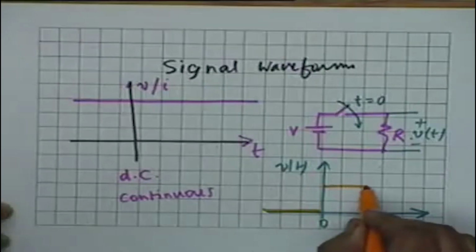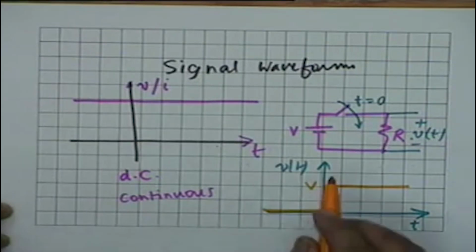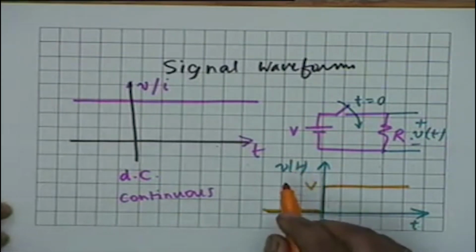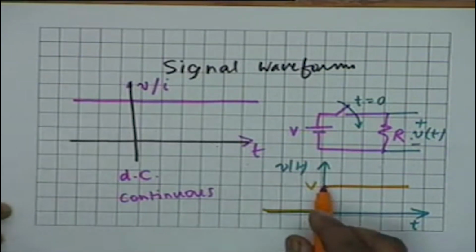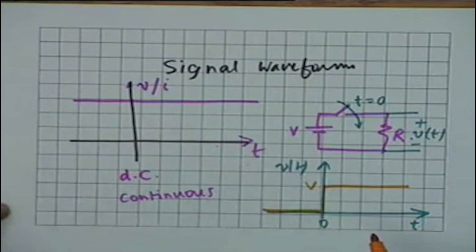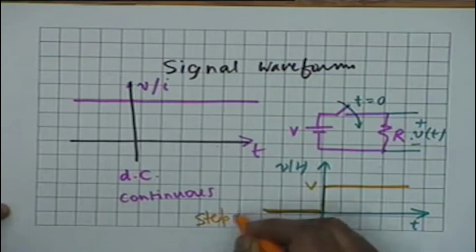So t greater than 0 it is equal to capital V. In other words, the signal now, the voltage rises from 0 to a value capital V abruptly at t equal to 0. Such a waveform is called a step waveform.